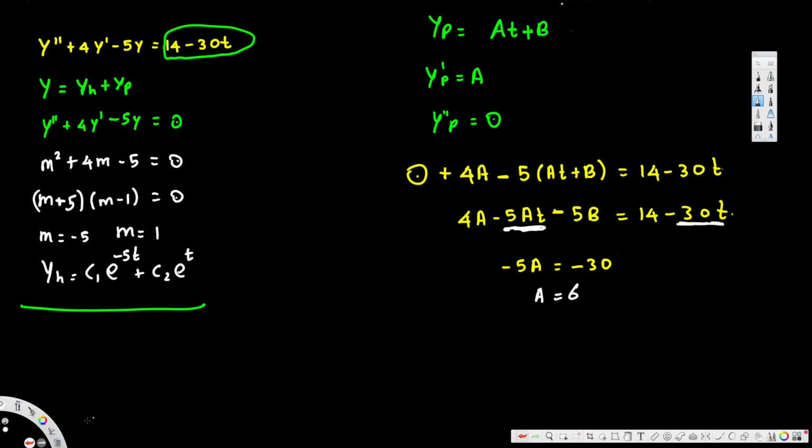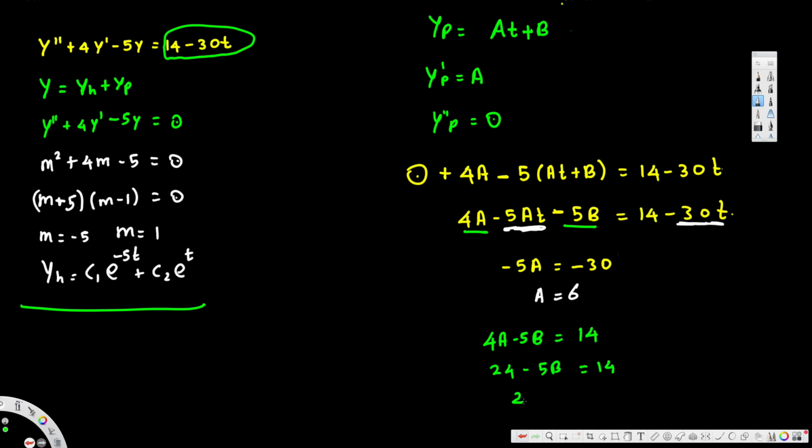Now the next one is, we have constants here, 4a and minus 5b. So we just equate 4a minus 5b to the constant on the other side of the equation, that's 14. We already know a is 6. 6 times 4, 24. 24 minus 5b is equal to 14.